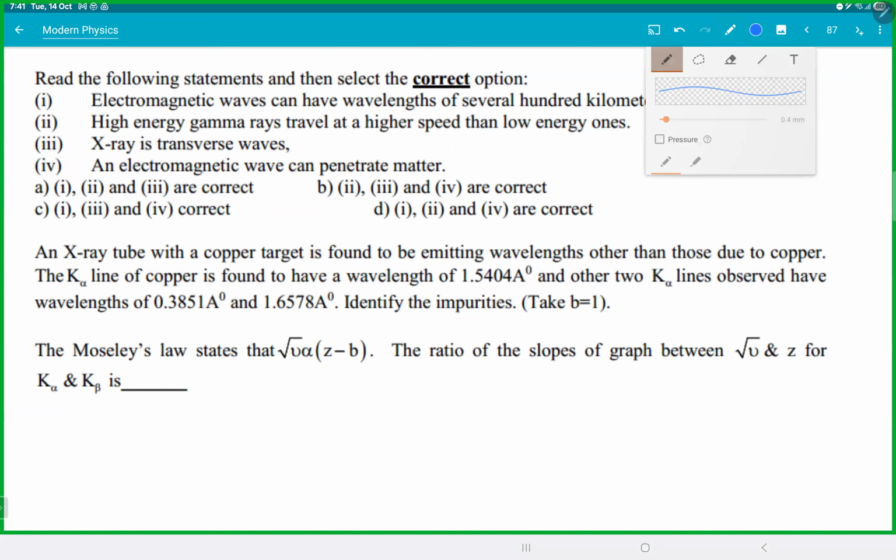Let's get this. Remember, there are only two formulas, the lambda minimum and Moseley's law.